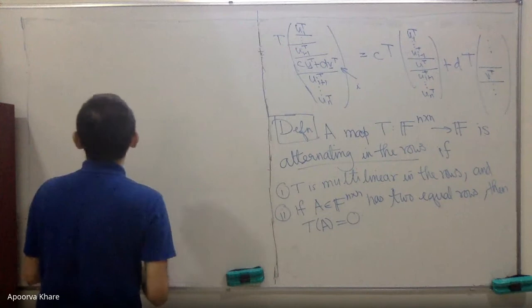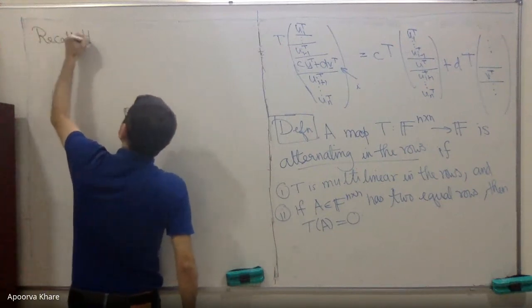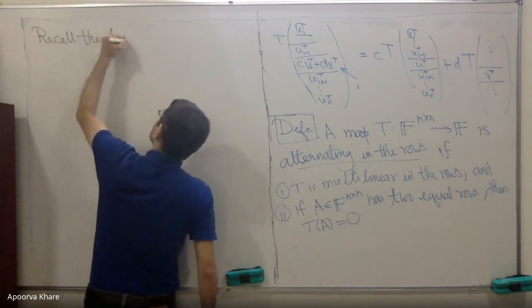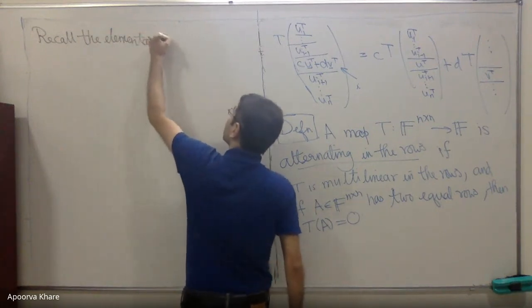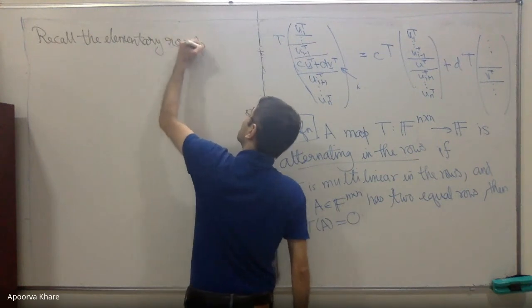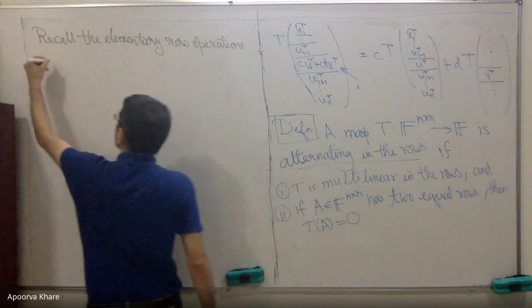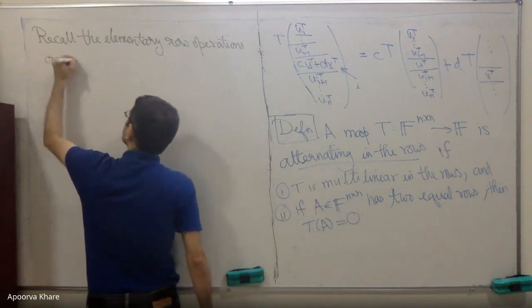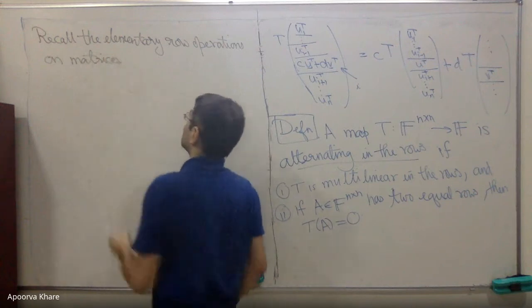Okay, so recall. In fact, we will need all three kinds of elementary row operations on matrices. So let's write them down.